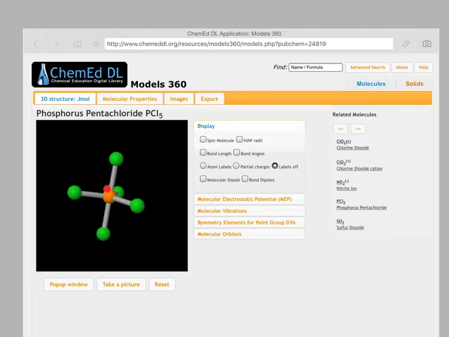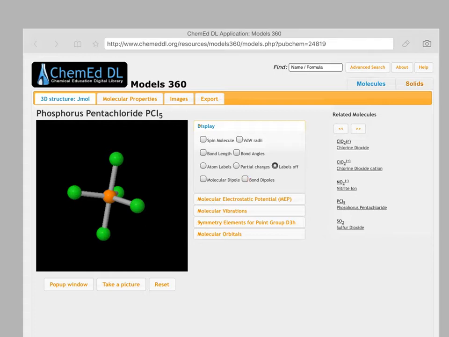The bond would be polar going towards chlorine on every single one of these bonds. But since it's trigonal planar in the middle, that would cancel out, and then it's linear on the top and bottom. Those are called axial positions, and then these are equatorial because they're along the equator. They would cancel out as well.